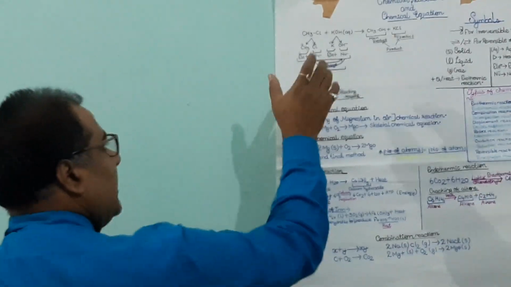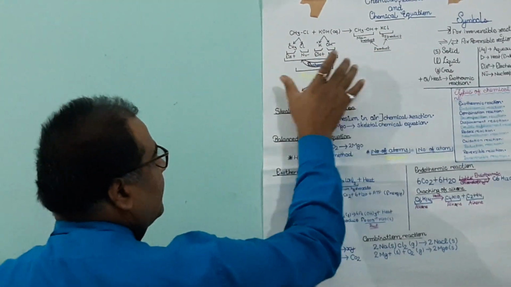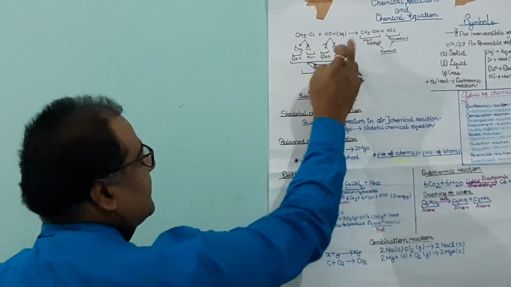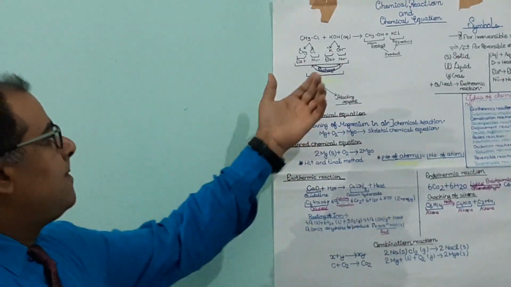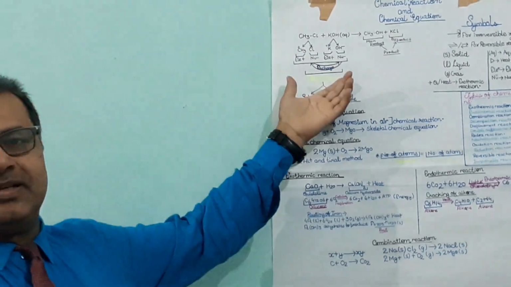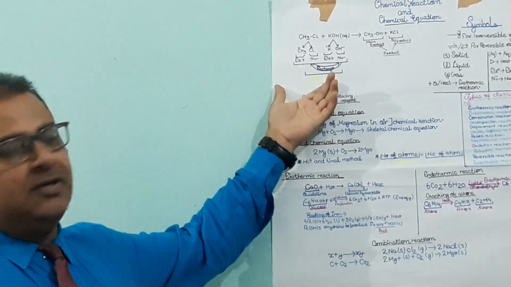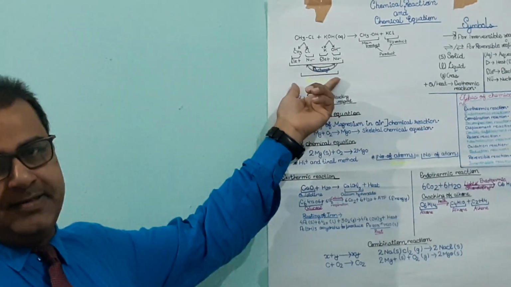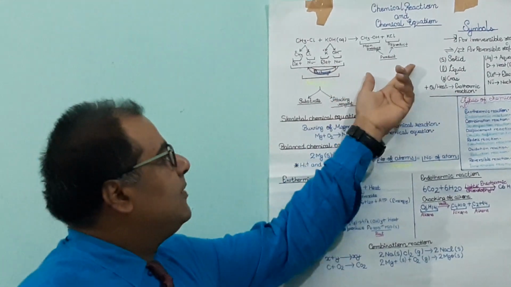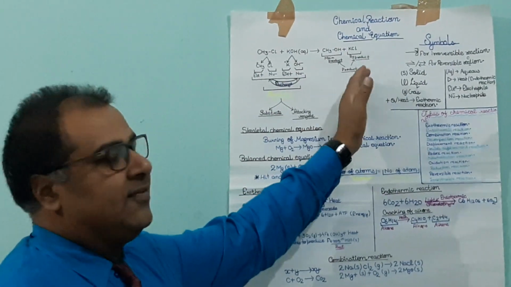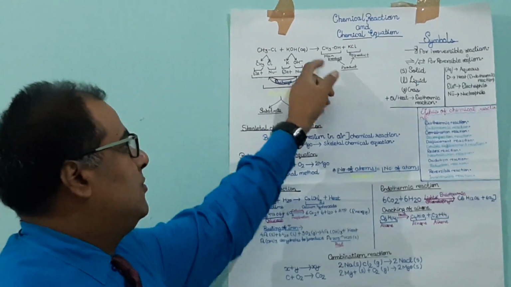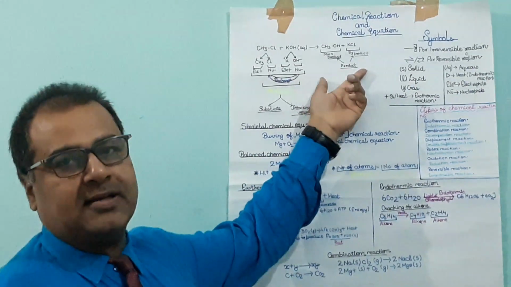The part of the chemical equation present just before the arrow is called the reactant. And the part present after the arrow is called the product.